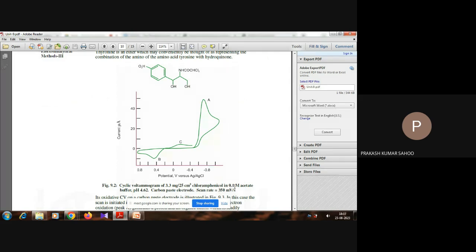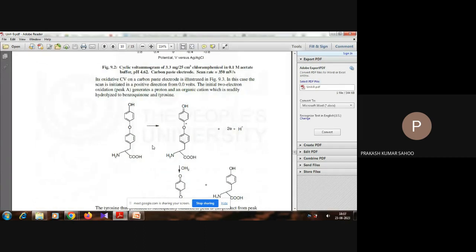chloramphenicol in 0.1 molar acetate buffer, pH 4.62, carbon paste electrode. The initial two electron oxidation generates protons and an organic quinone, which is readily hydrolyzed to benzoquinone and tyrosine.